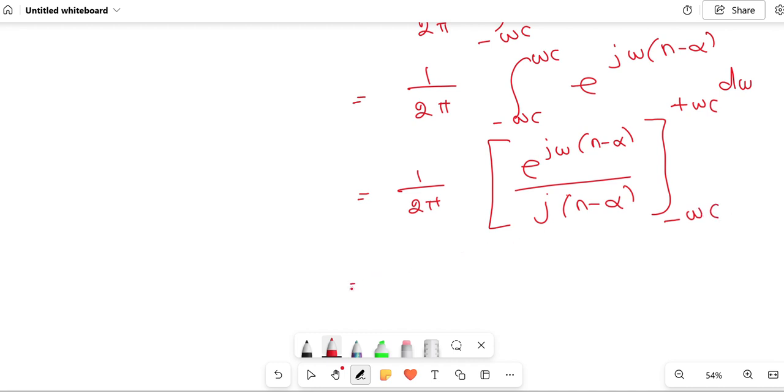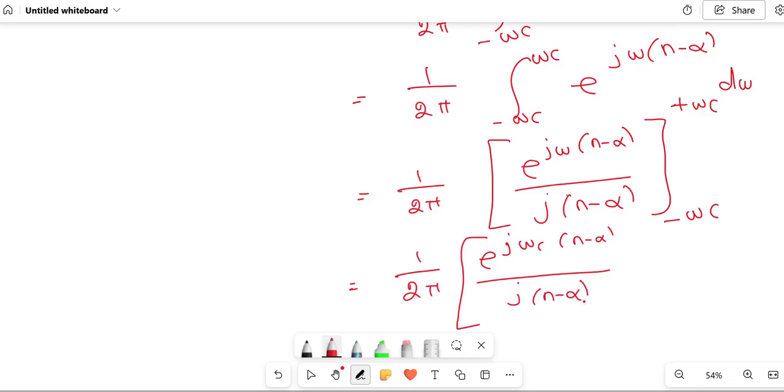So again 1 by 2 pi, you substitute the upper limit, e power j omega c n minus alpha by j n minus alpha, minus the lower limit, e power minus j omega c n minus alpha by j n minus alpha. So, integrate and substitute the limits properly.